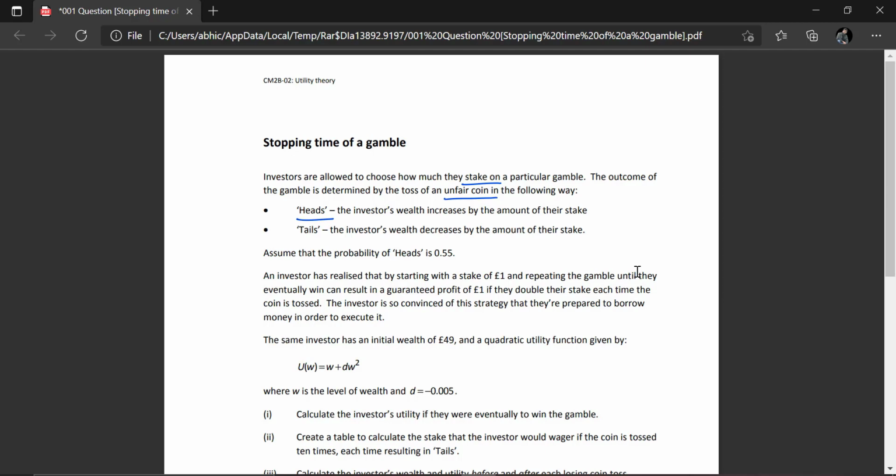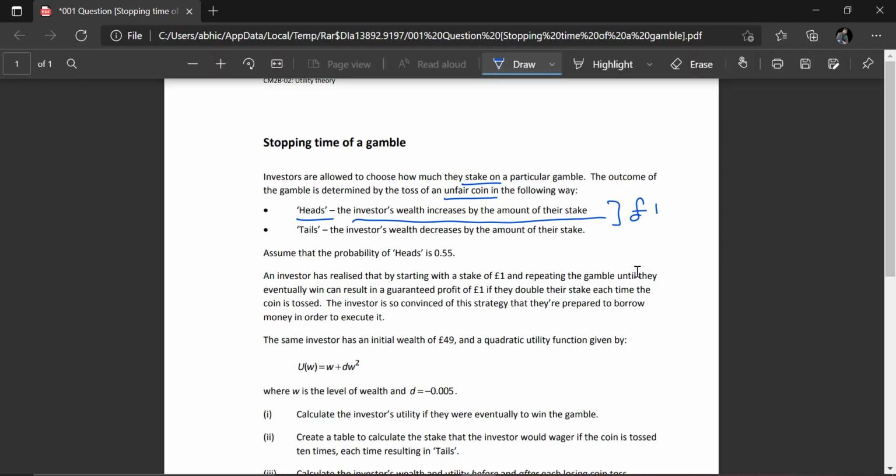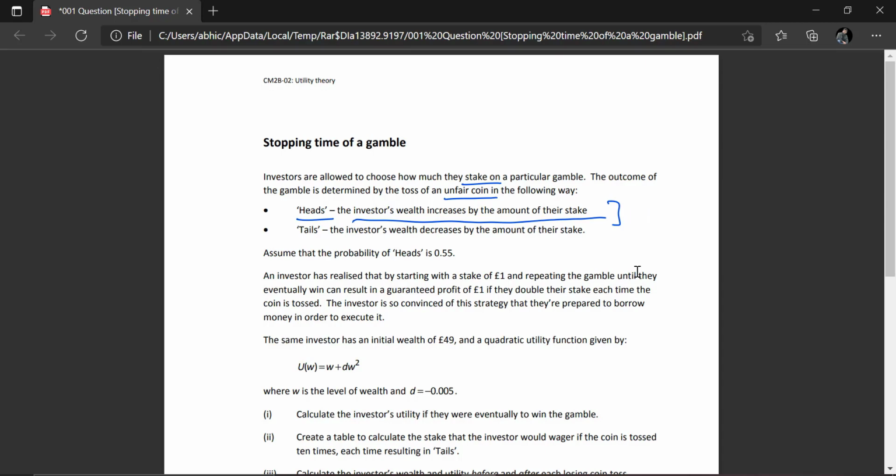If the toss leads to a head, the investor's wealth is increased by the amount of their stake. So whatever is invested, let's say an investor puts in one pound, their wealth will actually increase by £1. If it was 48 pounds to begin with, if they win, it will go to 49 pounds.